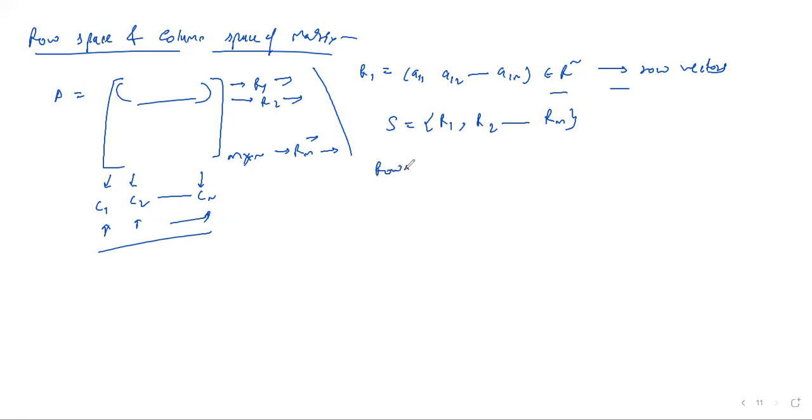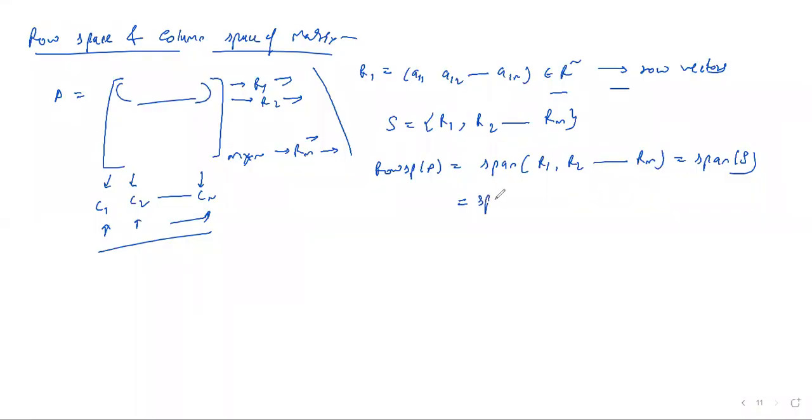The row space of A is the span of all linear combinations of the Ri's, the row vectors, which is the span of R1, R2 to Rm, which is the span of the set S.